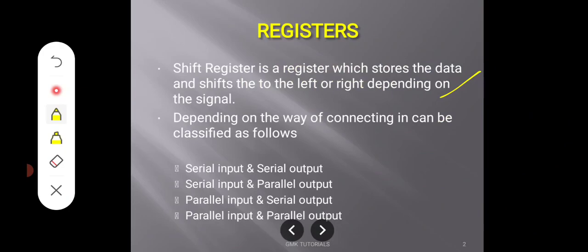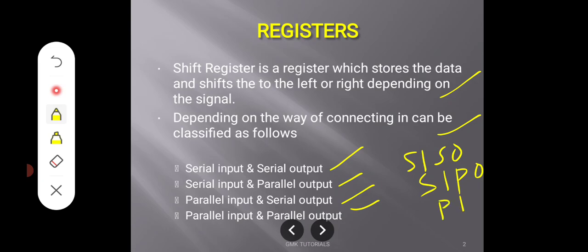Depending on the way the flip-flops are connected, shift registers can be classified into 4 categories: serial input serial output, serial input parallel output, parallel input serial output, and parallel input parallel output. Simply, we represent them as SISO, SIPO, PISO, and PIPO. These are the 4 categories of the shift register.